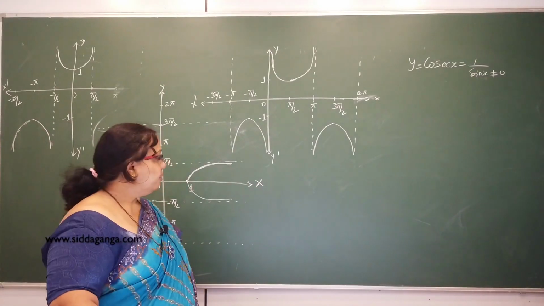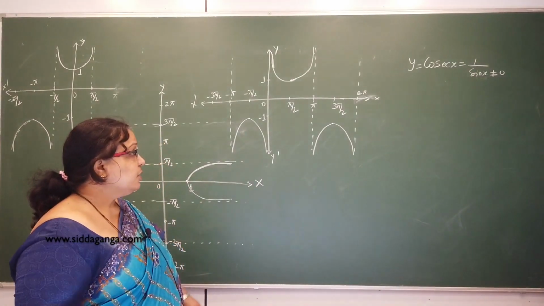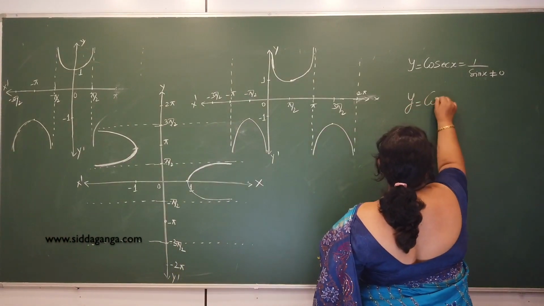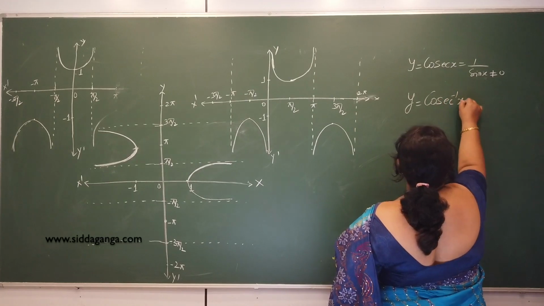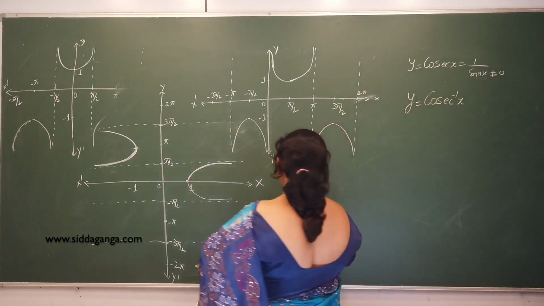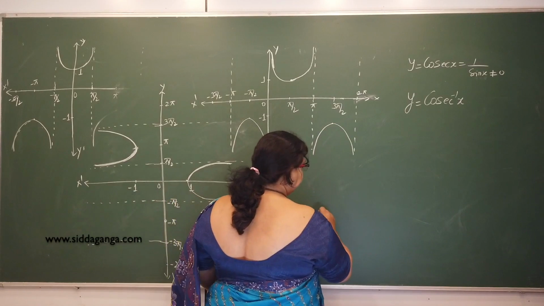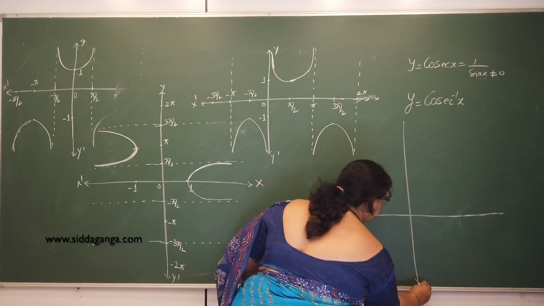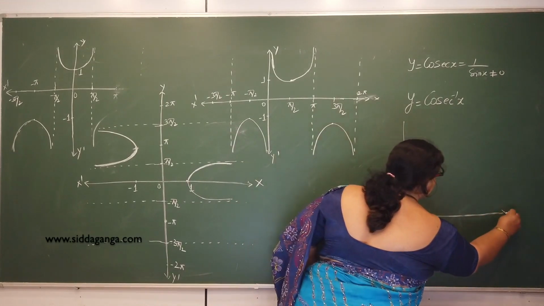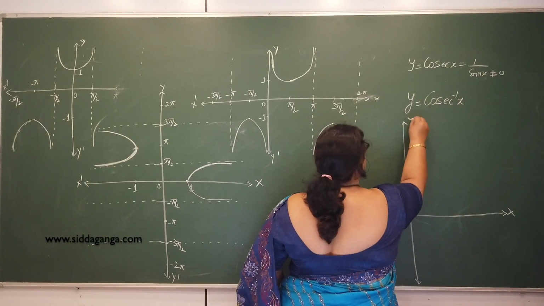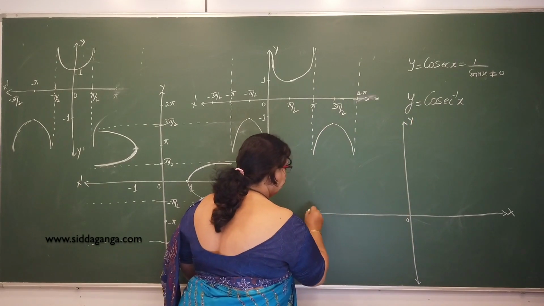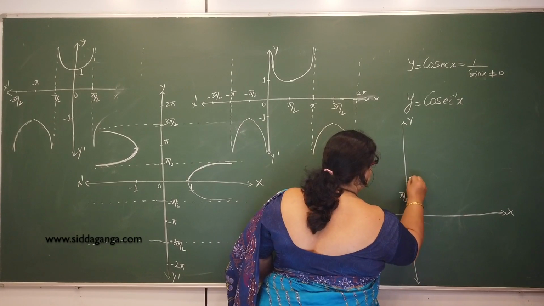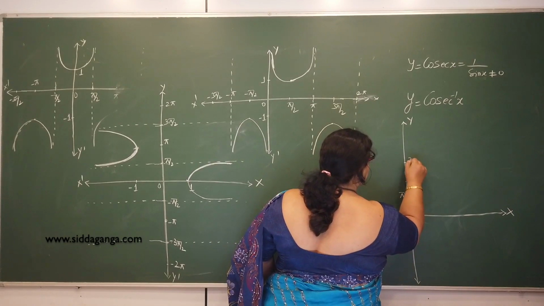So now we have to draw the graph of the function that is y equal to cosecant inverse of x. So this is 90 degree, 180 degree, next 270 degree.